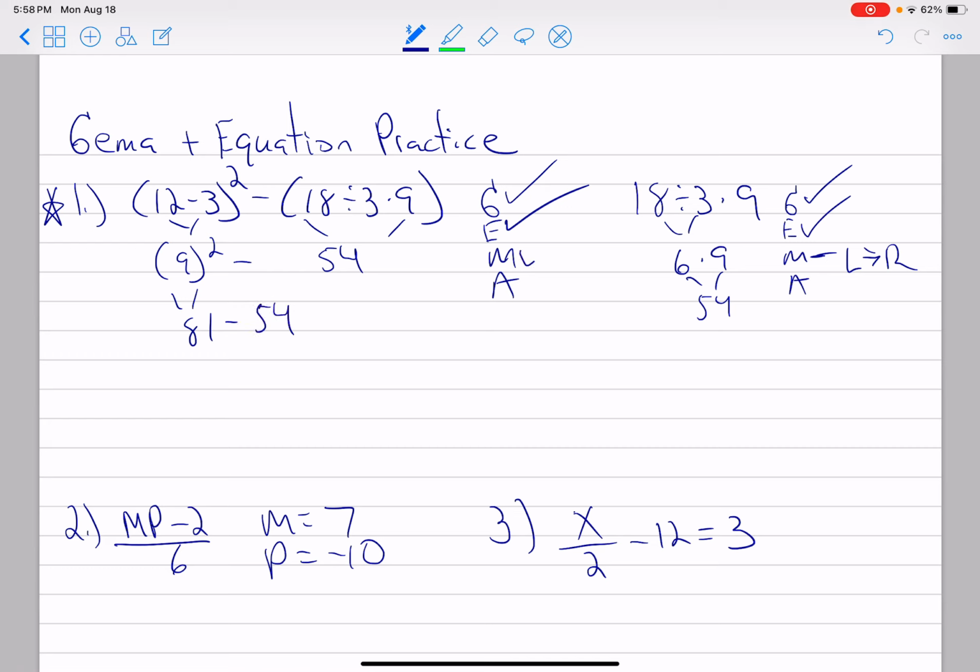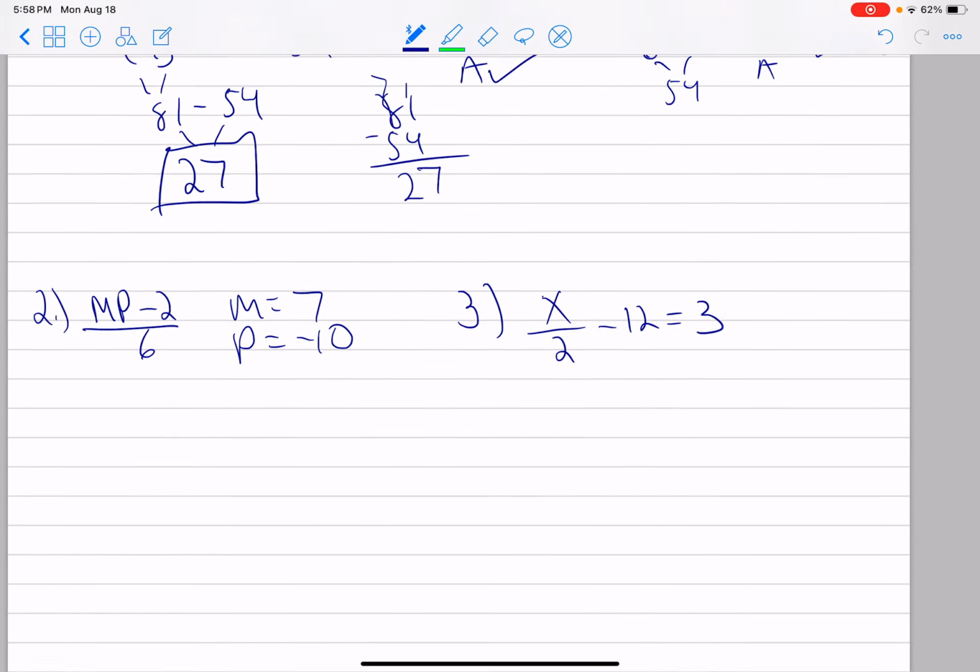Any multiplying or dividing? No. Adding or subtracting? Yes. 81 minus 54 is 27. Yeah. Cool. Did you get that? Hopefully you did. If not, check where you did your steps and what happened.